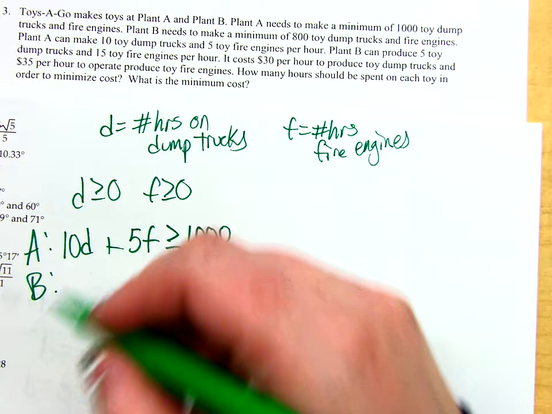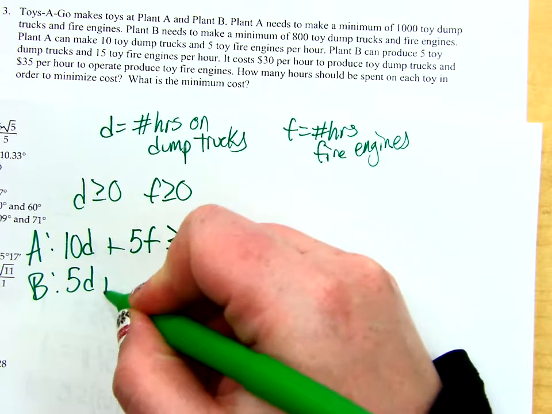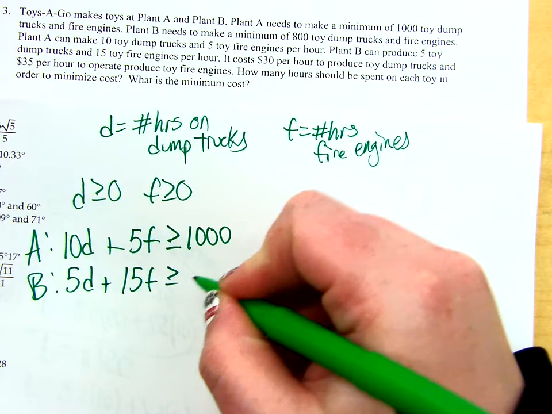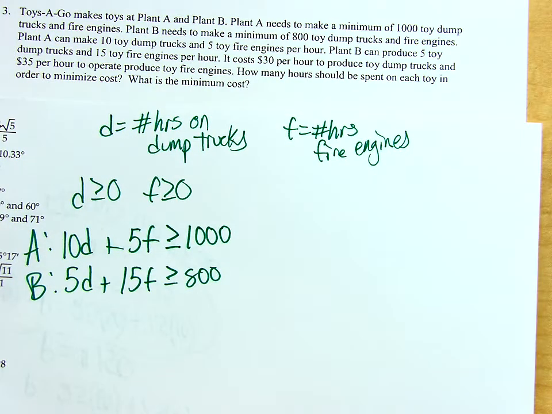Hopefully you came up with 5D plus 15F greater than or equal to 800. Have I lost anybody so far? Well, go back. Where did I lose you? Good thing, you'll have this video to rewatch.